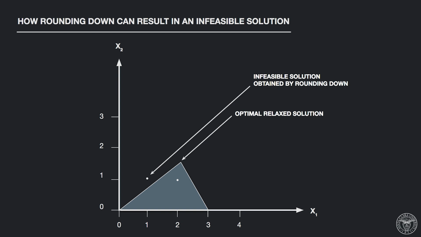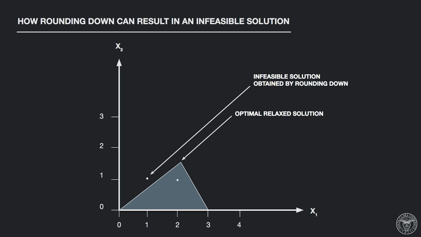For example, in this graph, if we use LP relaxation to solve for the optimal solution, we are going to get the peak point of this feasible area. If we use integer programming, we are going to get a point inside the feasible area, and that will be the integer point right below the peak point of the feasible area of the LP relaxation.